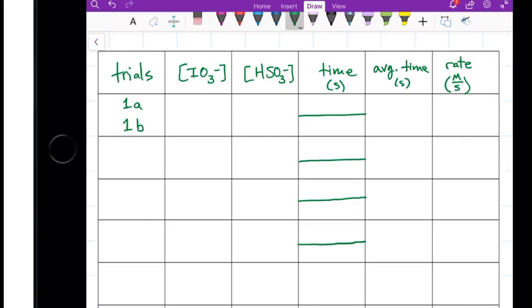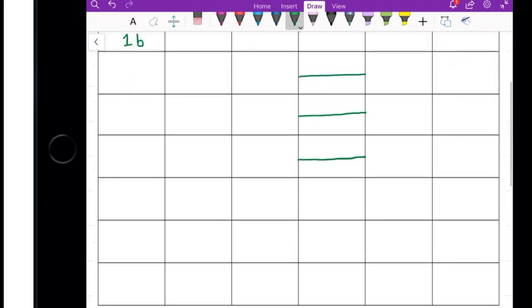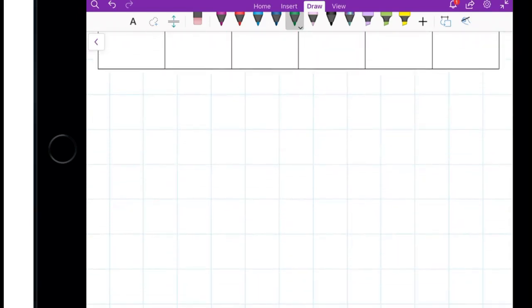Okay, so if we think about this, essentially it's an M1V1 equals M2V2. If you go all the way back to our discussion of diluting solutions or doing serial dilutions in the beginning of the year, we did this.